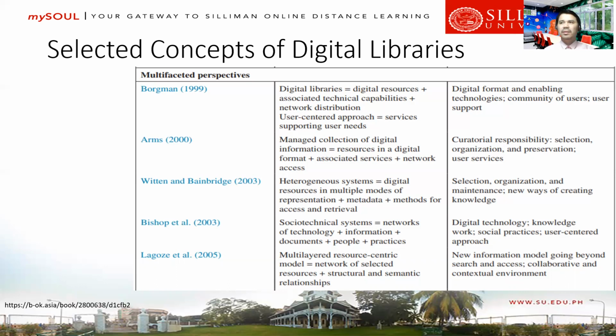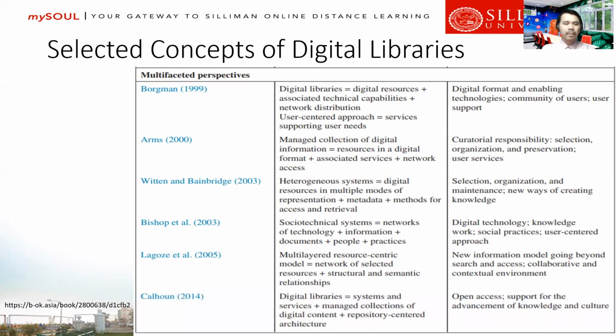Contextual in the sense that it has different meaning according to usage, according to the need, and according to relevancy and appropriateness. And here the components of the digital library according to Candela et al. is a multi-layered, resource-centric model comprising a network of selected resources and structural and semantic relationships.